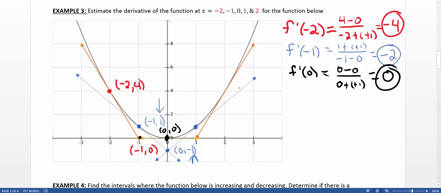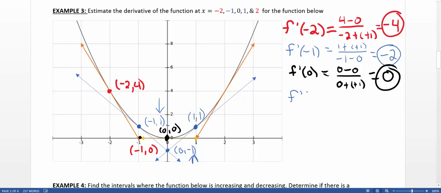And again, we want to find 2 points on this line. We can see that the point 0, -1 is on this line as well, because they both cross through at the same point. And then we'll use the point 1, 1, because here when x was 1, it looks like y was also 1.